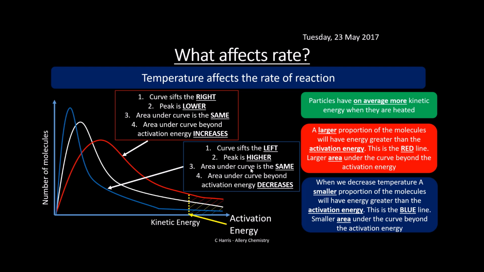The peak is a lot higher, and the most likely energy the particles will have is going to be a lot lower because we've cooled it down. The area under the curve overall is the same as the white one, but the area beyond the activation energy decreases.